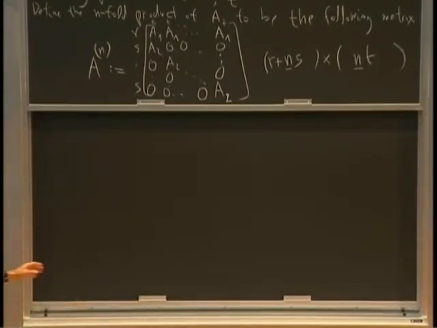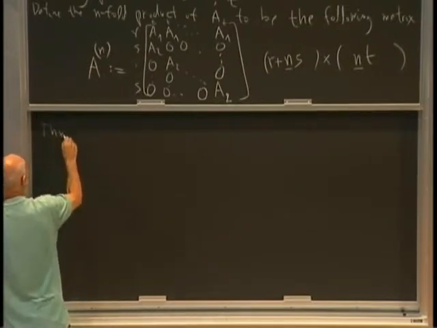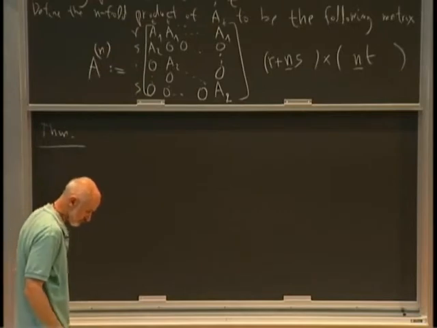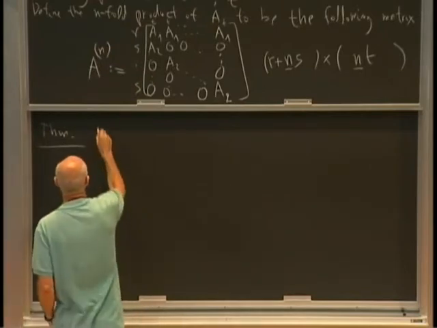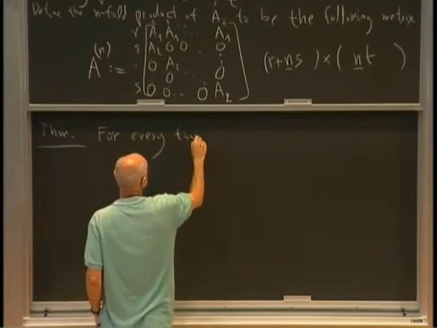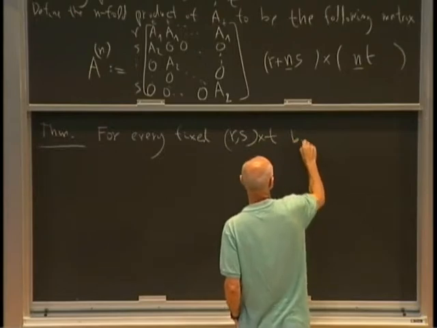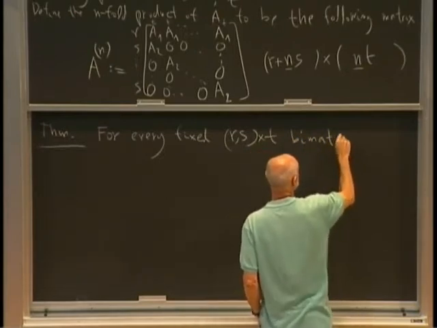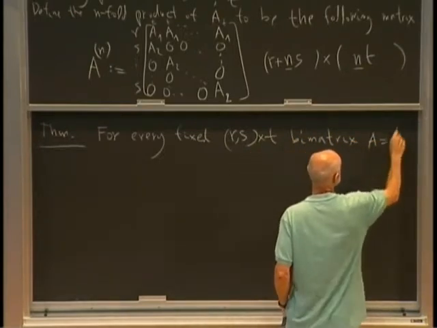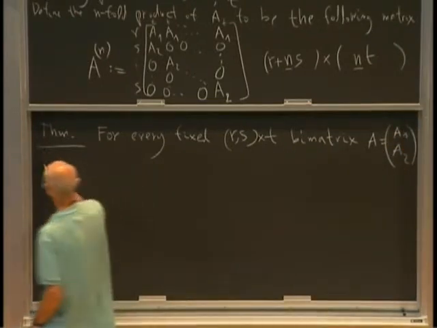Okay, so here's the immediate conclusion from this. Here's a theorem. For every fixed r by s by t matrix A, there is a polynomial time algorithm.